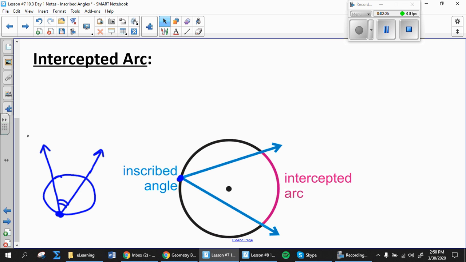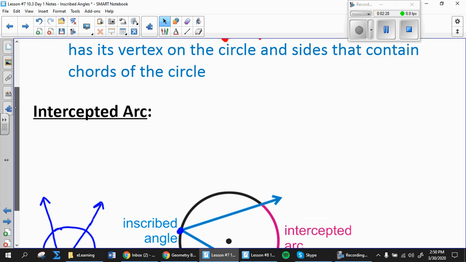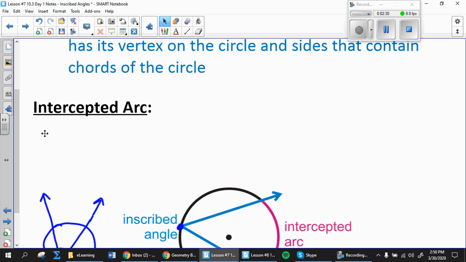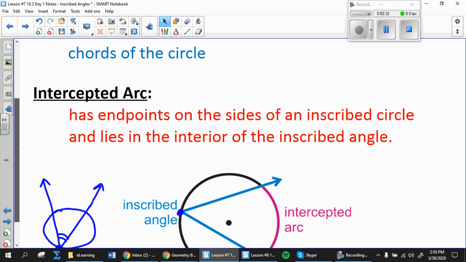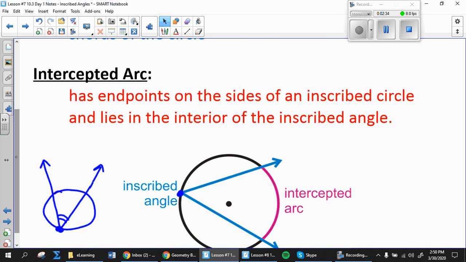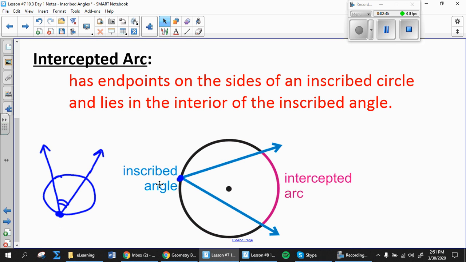Now, with inscribed angles, we also have these intercepted arcs that are created. An intercepted arc has endpoints on the sides of an inscribed angle and lies in the interior of the inscribed angle. So all that's saying is when we have this inscribed angle, this blue angle that's created right here, this arc from here to here, we call that an intercepted arc.